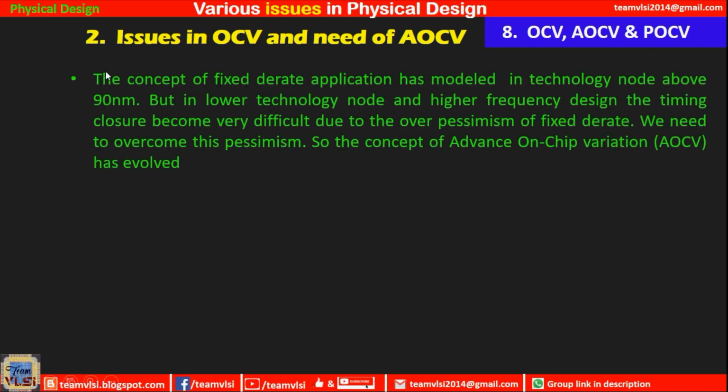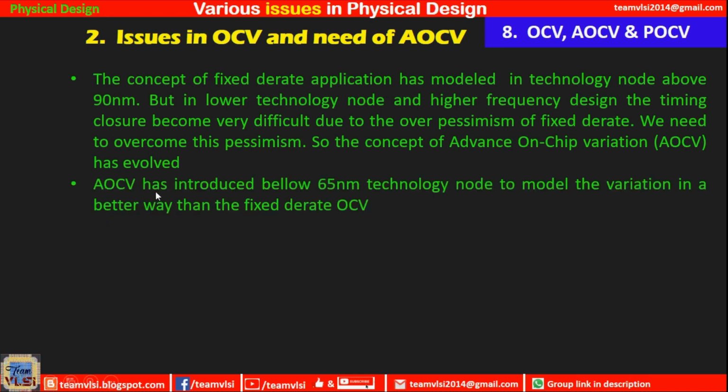The concept of fixed derate application was modeled in technology nodes above 90 nanometer, but in lower technology nodes and higher frequency designs, timing closure becomes very difficult due to the over pessimism of fixed derate. We need to overcome this pessimism. So the concept of advanced on-chip variation, AOCV, has evolved.